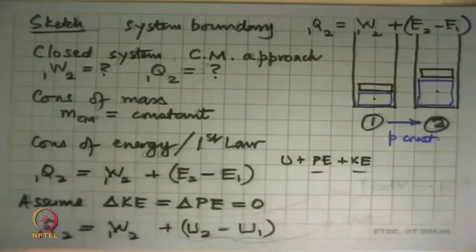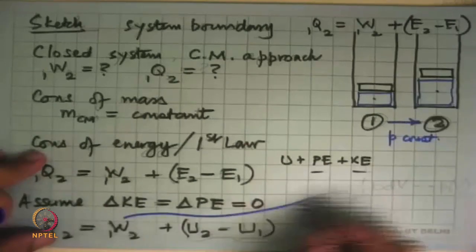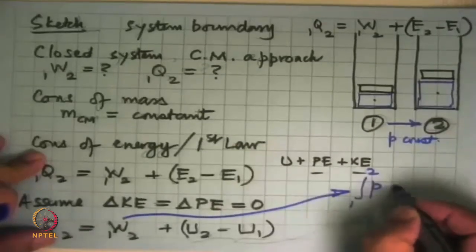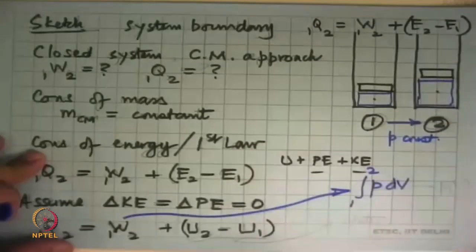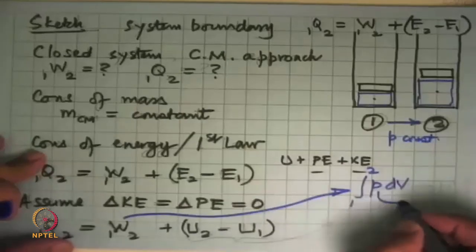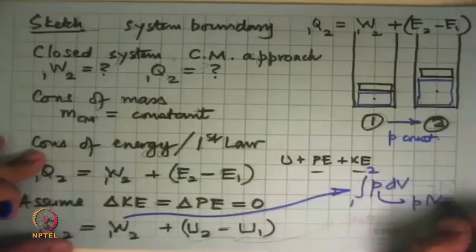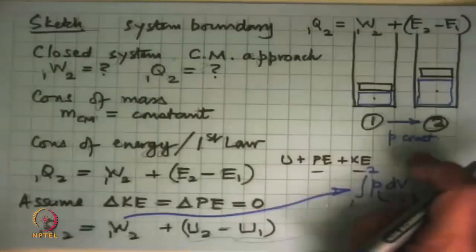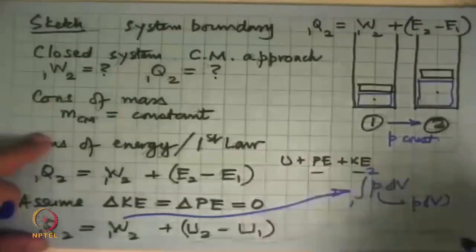And what we can see now here is that W12 can be calculated by integrating PdV, for which we need pressure as a function of volume. In this case, we have been given P equal to constant, but that need not be the case.